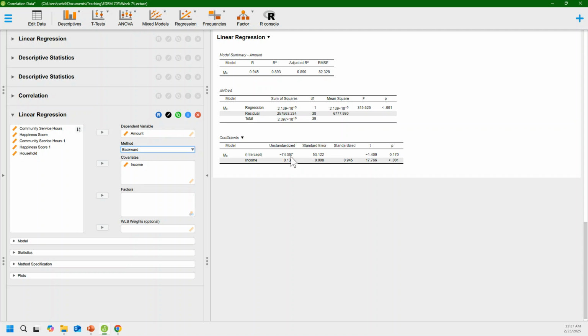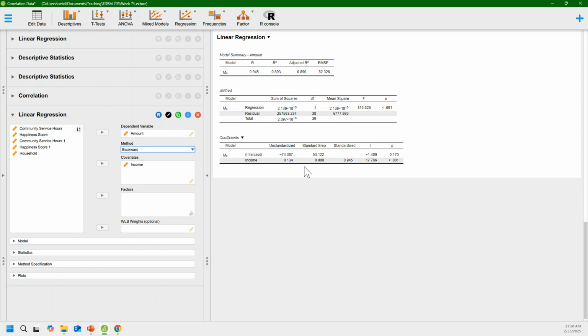That doesn't make sense because we're not going to have negative money, and people are still going to, even if you don't have an income, you'll probably still spend money on groceries, right? So it doesn't make sense to interpret your intercept always. And that's why we kind of focus our correlation analysis, our regression analysis on the slopes, because these are the things that are driving the relationships that we're usually studying in research.